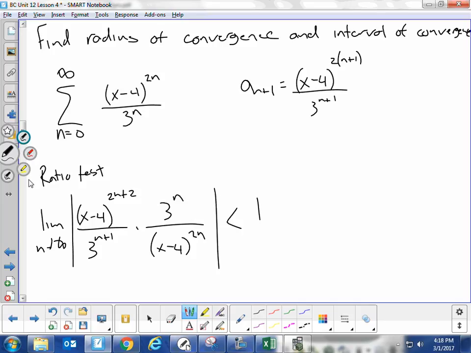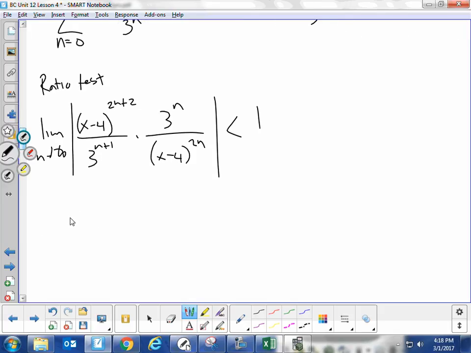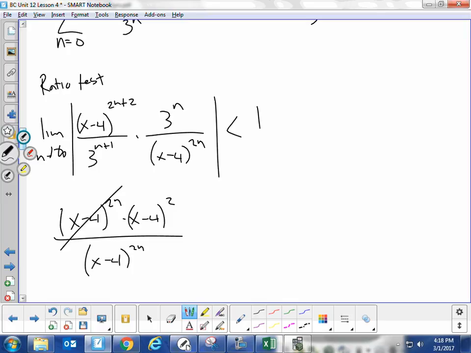Well, let's go ahead and rewrite it. I'd have x minus 4 to the 2n times x minus 4 squared. This would be divided by x minus 4 to the 2n, and that would cancel. Here, I'd have 3 to the n over 3 times 3 to the n.